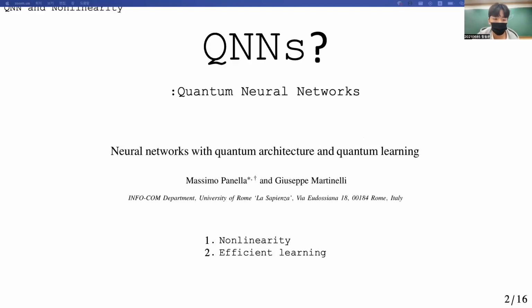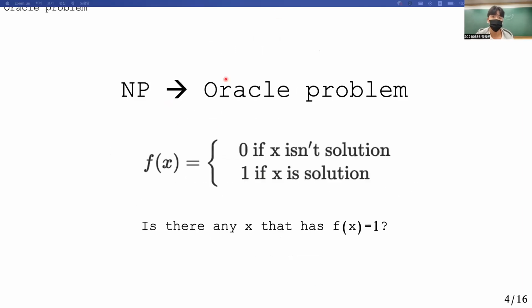In this slide, I mentioned this paper, neural networks with quantum architecture and quantum learning. In this paper, the authors said there are two issues in implementing QNN. The first one is nonlinearity, and in this paper, they used the first algorithm for NP.